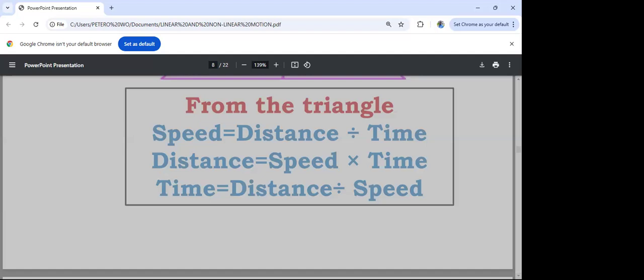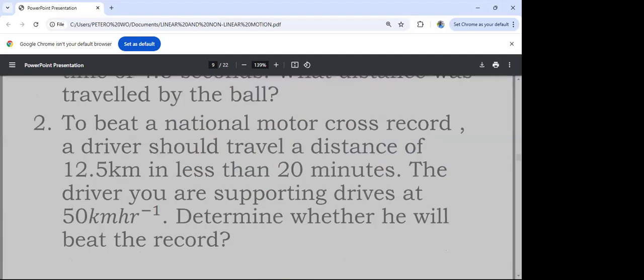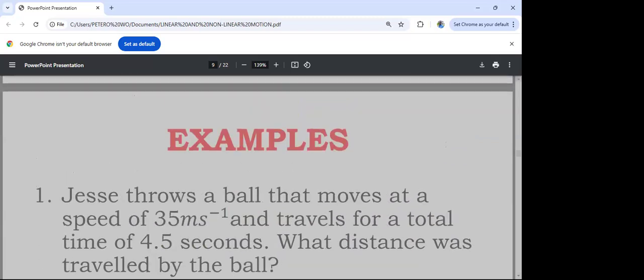Okay, now we are going to look at some examples for our formulas that we have seen, and you will be telling me how we are going to do it. Our first example is telling us that Jesse throws a ball that moves at a speed of 35 meters per second and travels for a total time of 4.5 seconds.